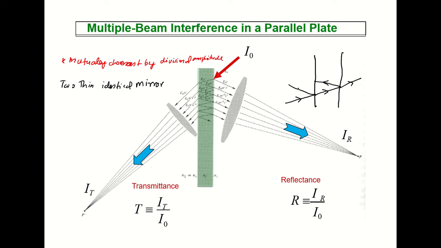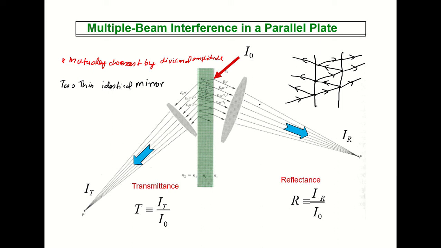Then we have a reflection here. This wave can transmit through this one, so we have a transmitted wave here, and at this point it can also be reflected back, and also it can transmit. Likewise, we will have multiple reflection and transmission observed in this case.